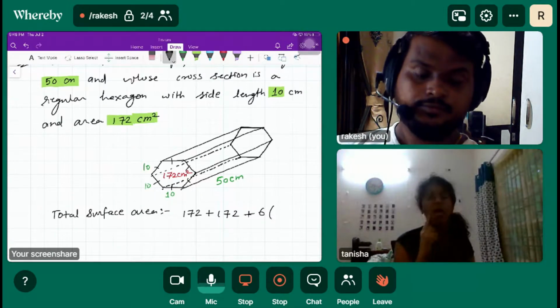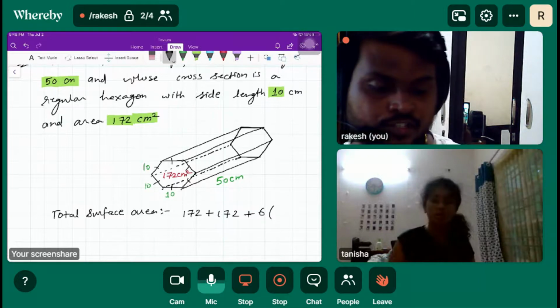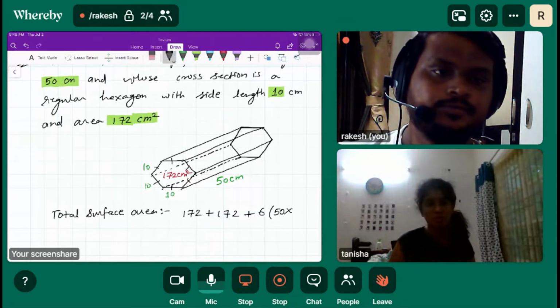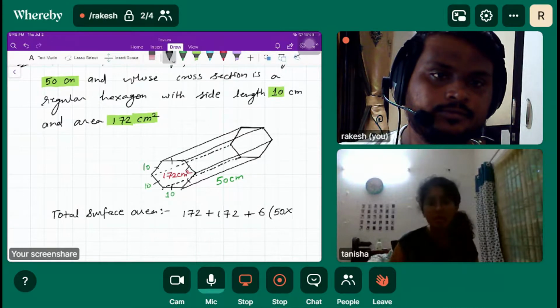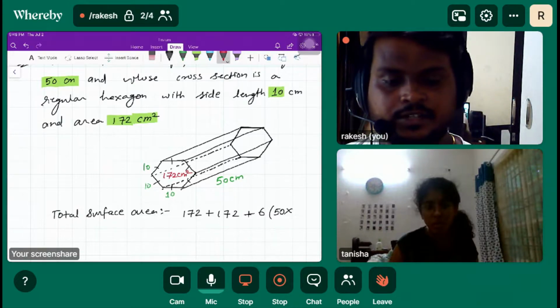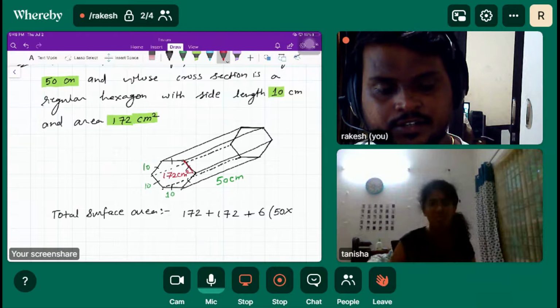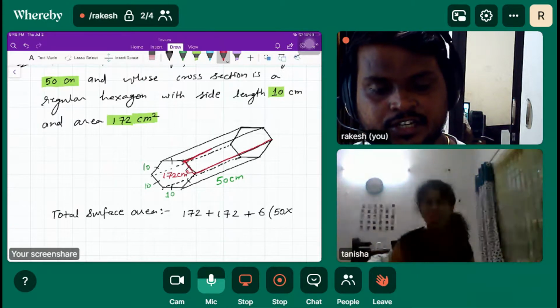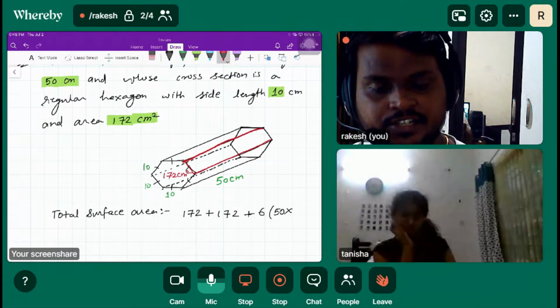Length into breadth. Yeah, so the length is 50 centimeter, and what is the breadth here? The breadth is 10 centimeter, because see, this is the rectangle, isn't it?